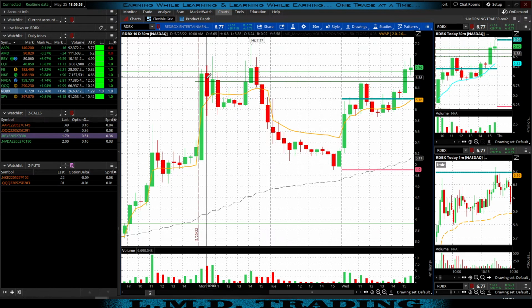And the reason I did that was because of that candle right there. So I came over, I dropped my price action line. That was going to be my target area. So I went into the active trader and I set this order and I walked away from my computer, closed the screen, shut it down with an entry, stop, and a target set.